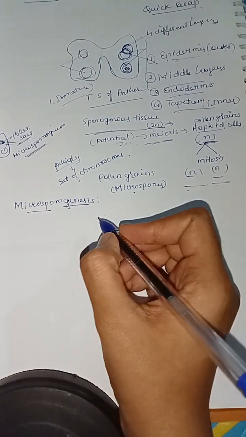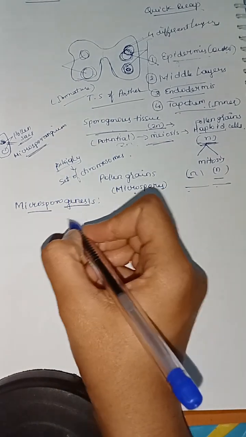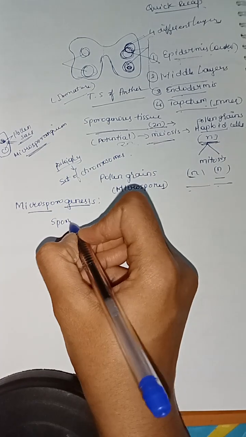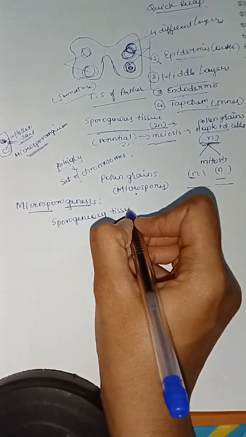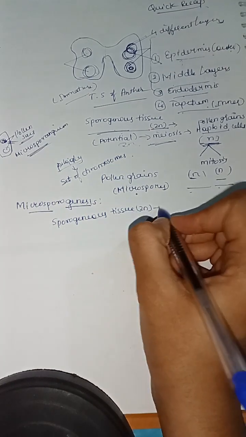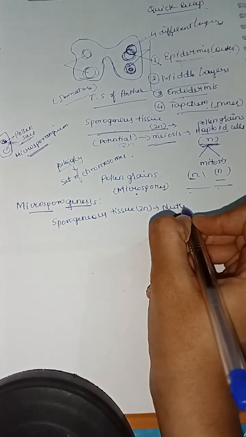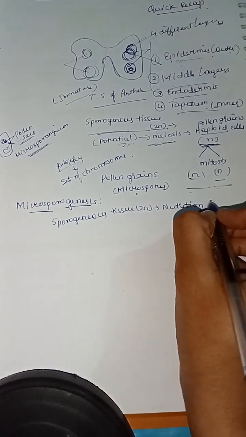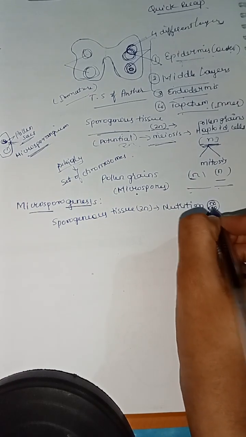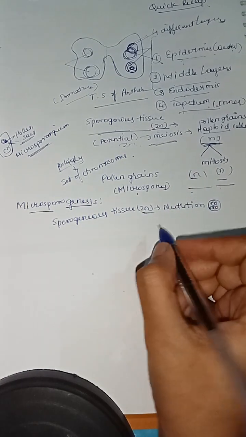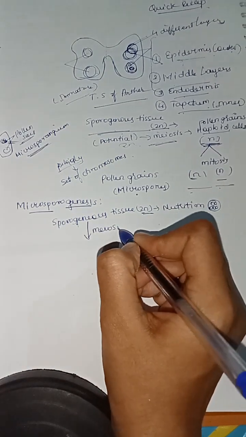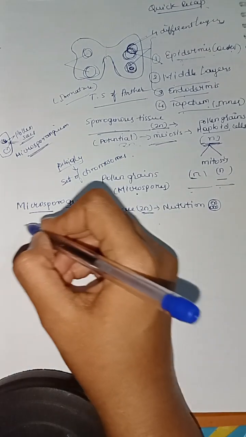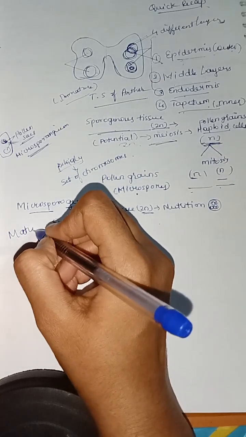Consider the sporogenous tissue. It is a group of cells in a diploid condition, which provides nutrition to the cells. This sporogenous tissue undergoes meiosis at the stage of maturity.